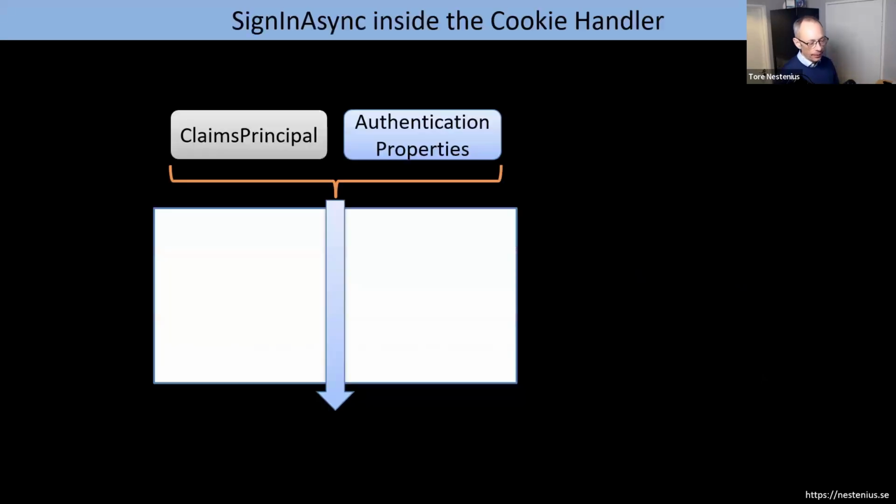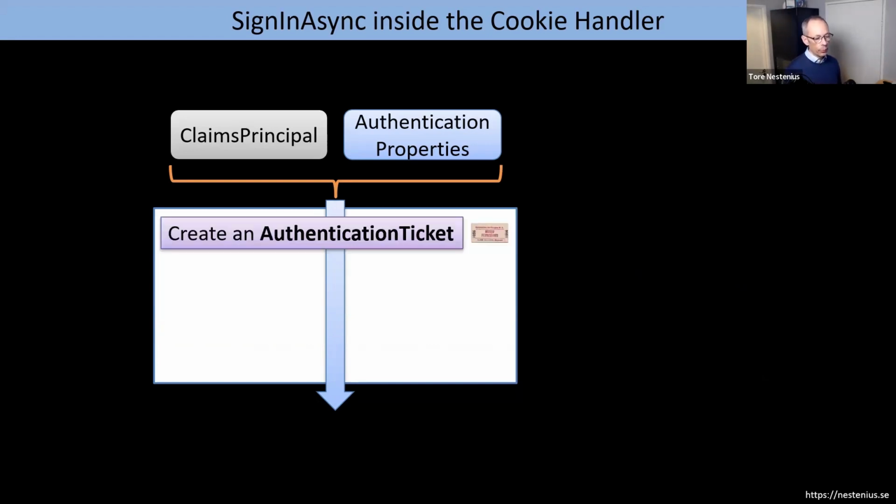Internally, we have the claims principal that contains the facts about my user. We have the authentication properties that represent additional information about the user. So when we send those to the cookie handler, we will create a new thing. Oh no, another thing. Now we will create an authentication ticket.